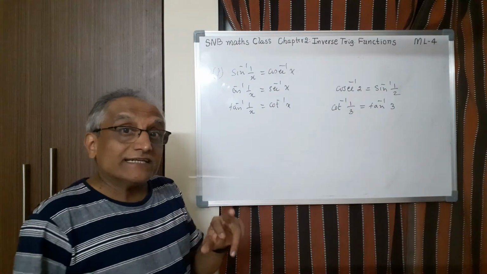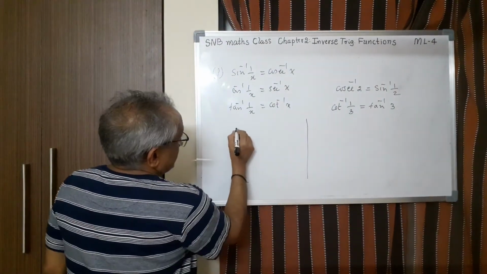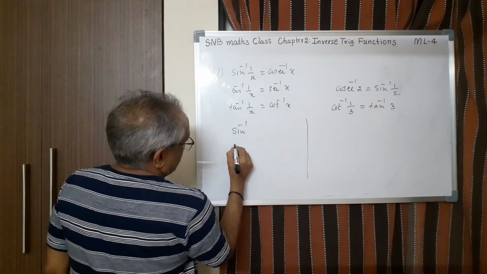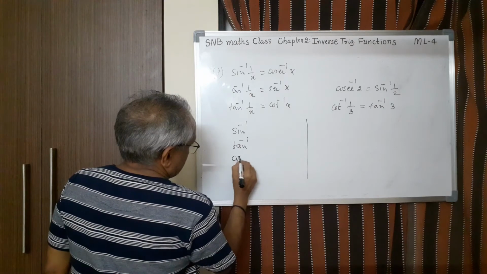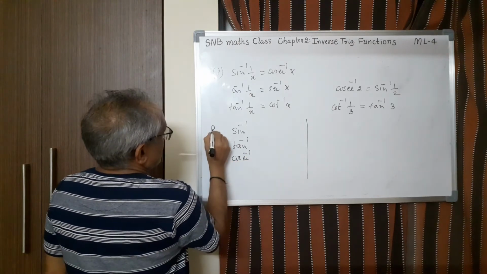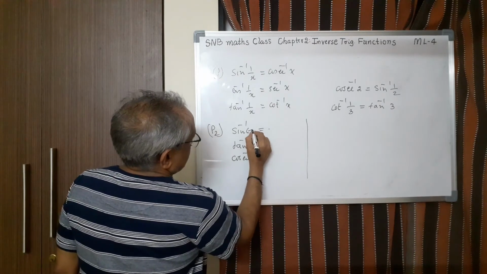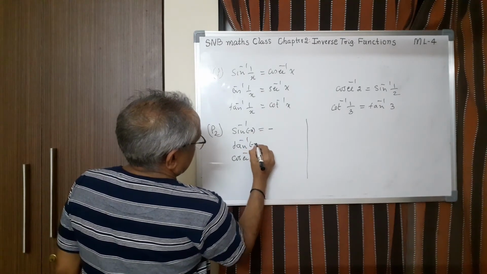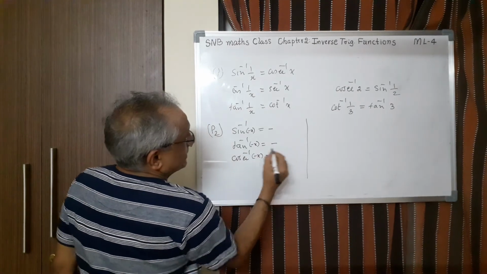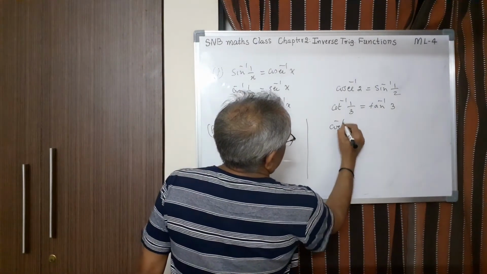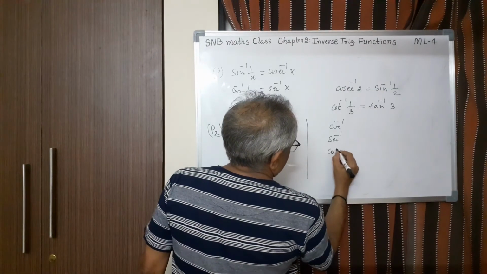The second one is related to minus, but in minus there are two categories. One is sine inverse, another one is tan inverse, another one is cosecant inverse. These three come under P2. Here, if you put a direct minus, it is minus. Here minus, it is minus. Here minus, it is minus. But here one is cos inverse, another one is secant inverse, another one is cot inverse.